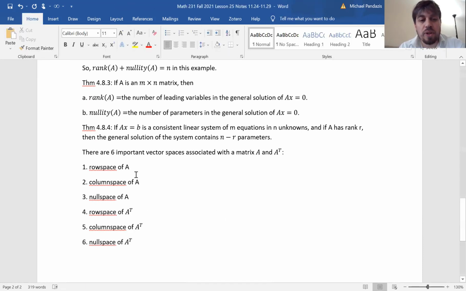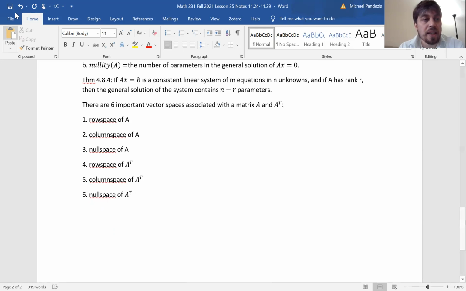Okay, so if you have the row space, column space, and null space of A, and the row space, column space, and null space of A transpose.